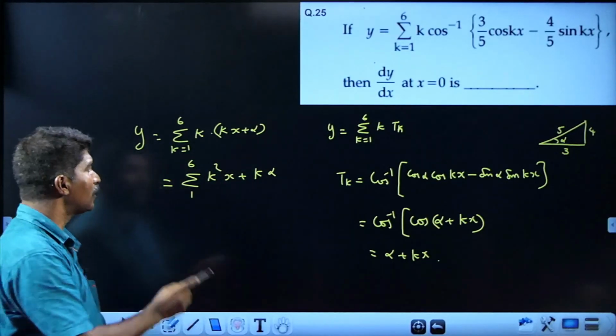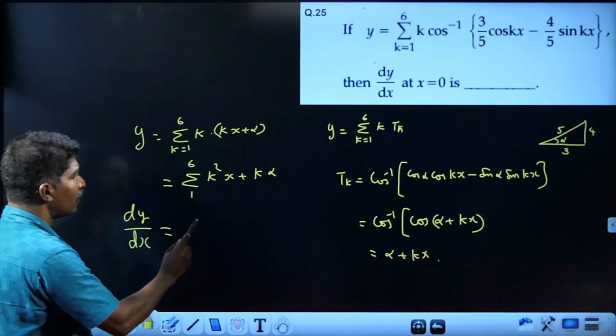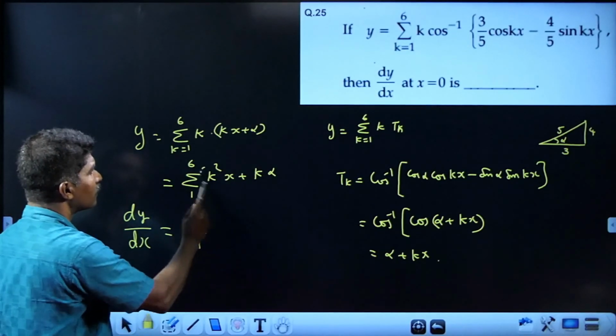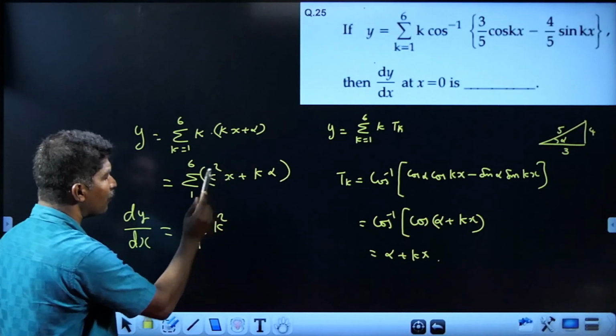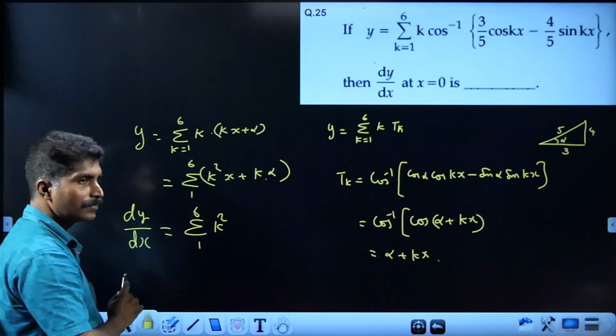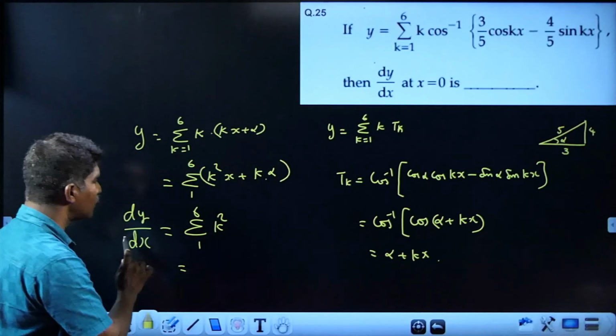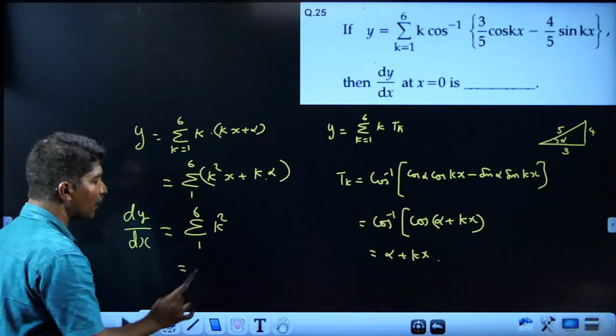Now we differentiate on both sides, dy by dx is equal to sigma 1 to 6 k square into derivative of x, which is 1, and the derivative of the other term is equal to 0. There is no value of x to put x equal to 0, so we will directly calculate it.